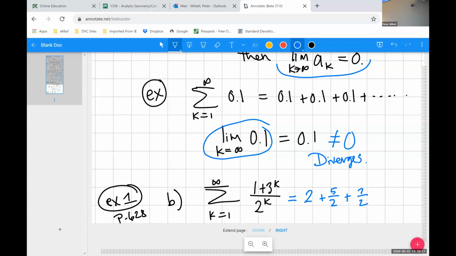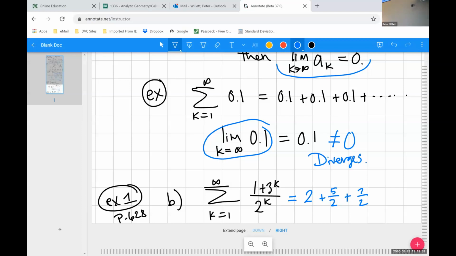So what we may be able to see here is that as k gets bigger and bigger, the numbers went up to 2.5 here, but then you have 4. They seem to be getting larger, not smaller. It certainly looks like these terms aren't going to 0.